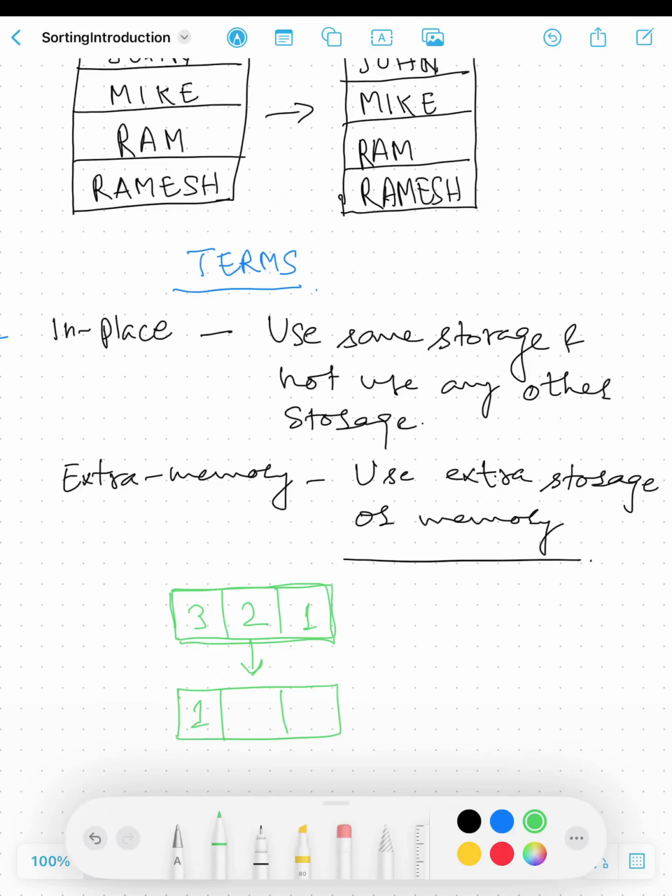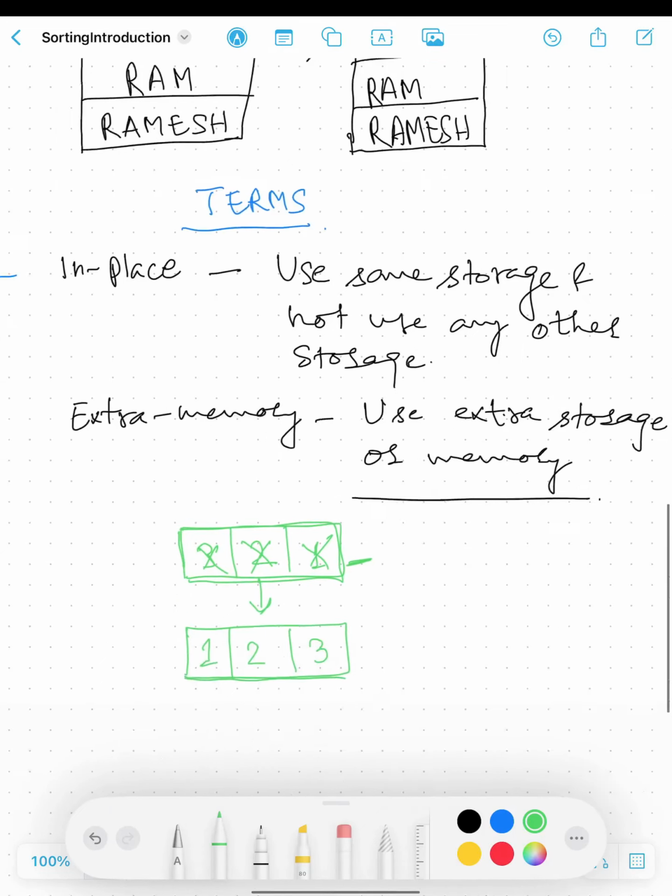So the minimum value is 1, which is copied into the new memory, and this is deleted from here. After that, we see that 2 is the second smallest value, that is copied here, deleted from the original source. And after that, 3 is deleted from here, copied here. So you see that we did a sorting, but we used extra memory instead of using the original memory. So this is called using extra memory, or we are not sorting in place.